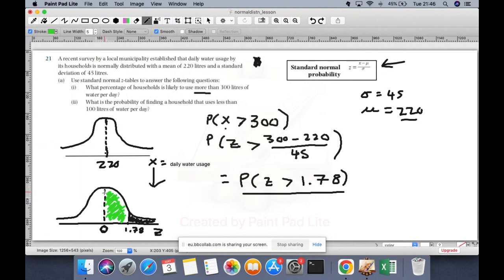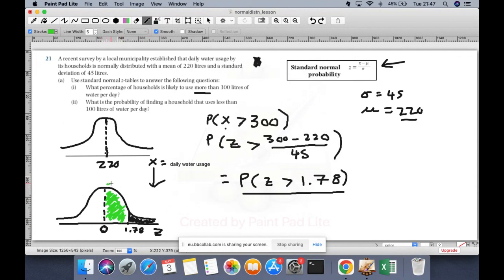So if we split it down the center at 0, because 0 is where the average is, and remember it's symmetric, so you have an identical shape on the left as on the right, the area on the left of the dashed line is 0.5. So the area on the right must also be 0.5, because the total area is 1.